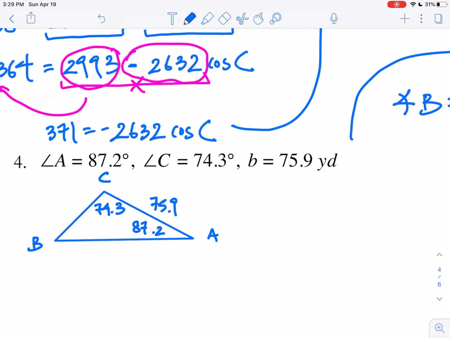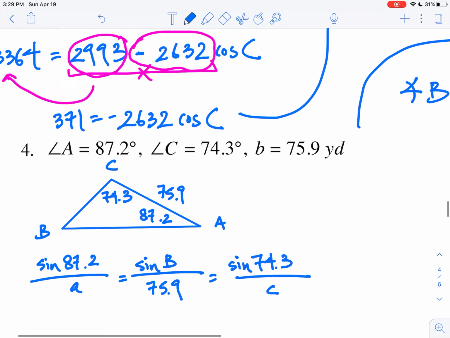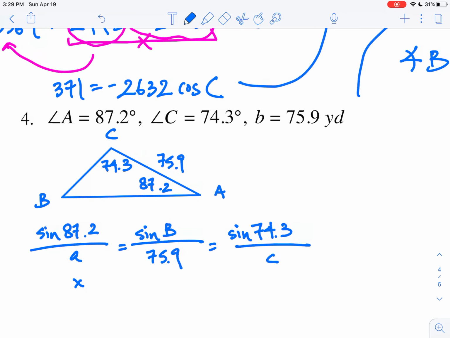All right. Now, let's see if we have enough information to use law of sines. So sine 87.2 over little a equals sine of b over 75.9 equals sine 74.3 over little c. So not a full pair, not a full pair, not a full pair.